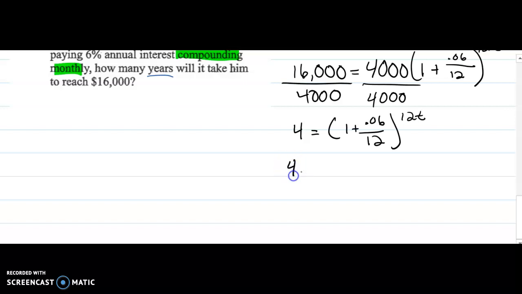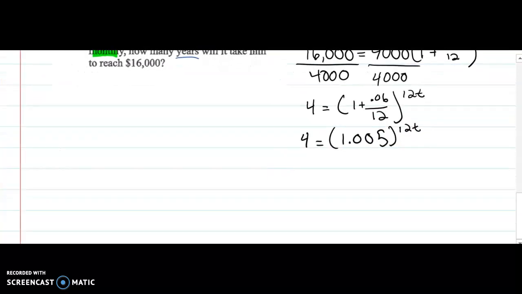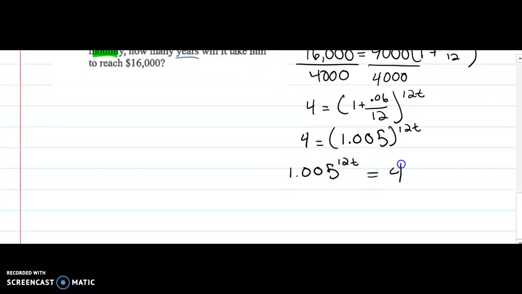So here we get 4 is equal to 1.005 to the 12t. Okay, now this looks like something we can solve. So I'm going to rewrite this, flip it. Then it makes it easier to use our log.